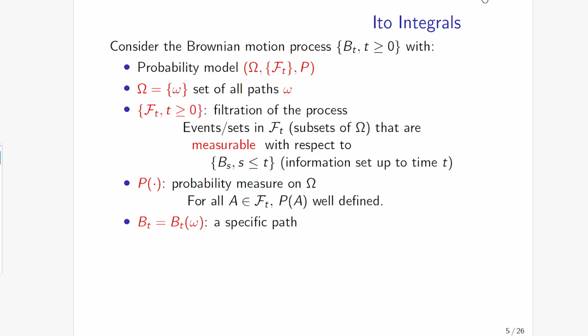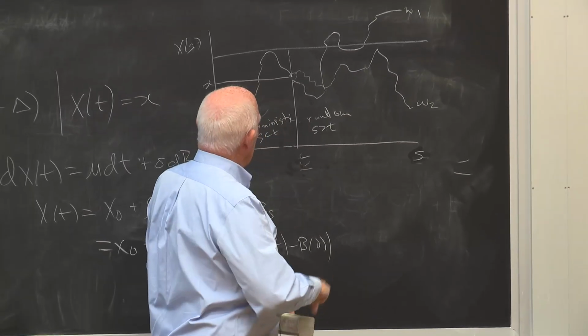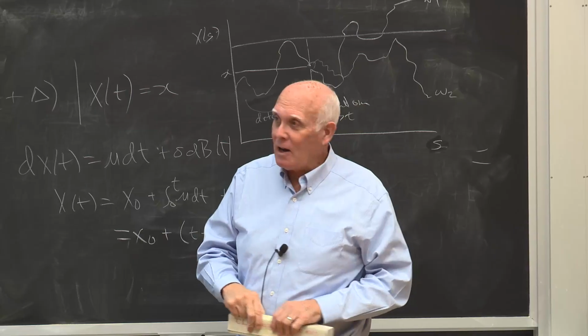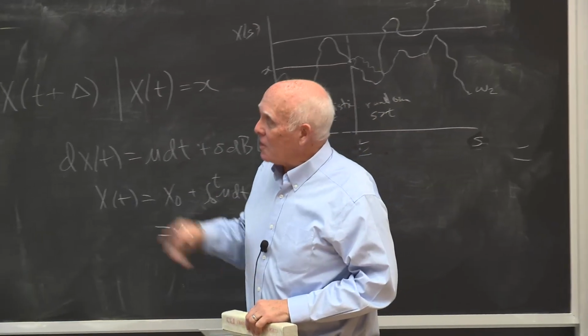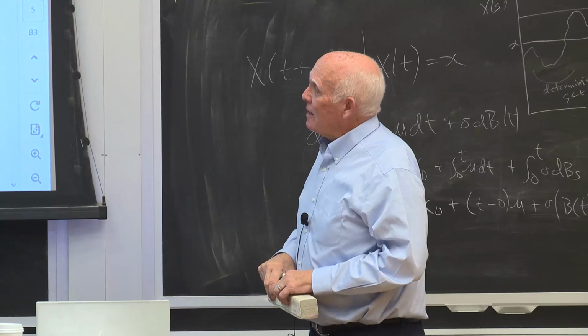So we say that events in Ft are measurable with respect to Bs, with the information set up to time t. So if we consider times before t, the path is actually just a constant, or as a function, a path valued function that's constant.